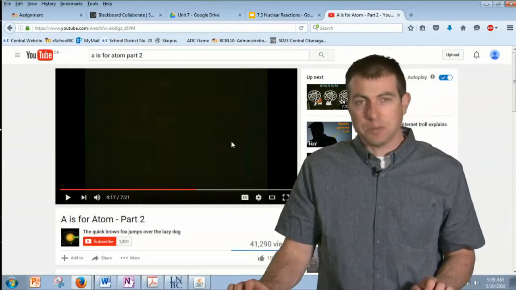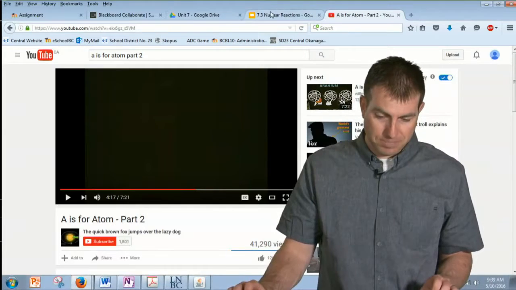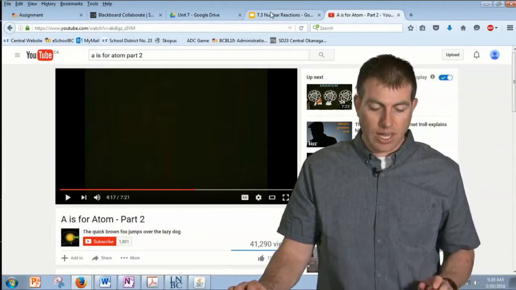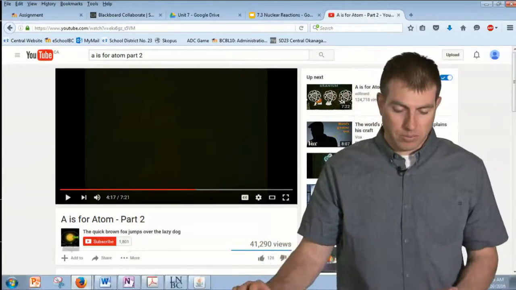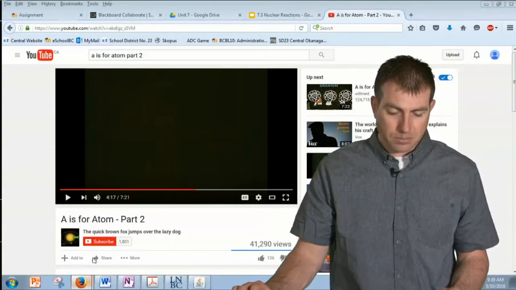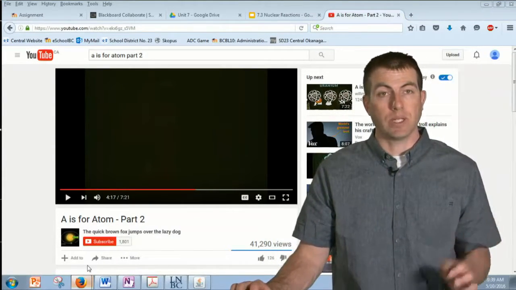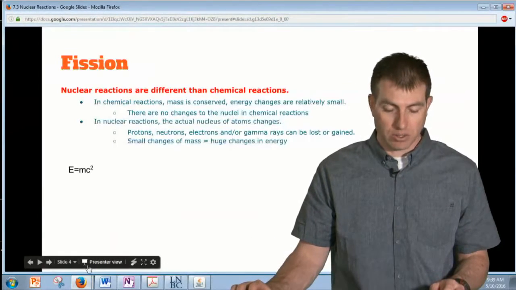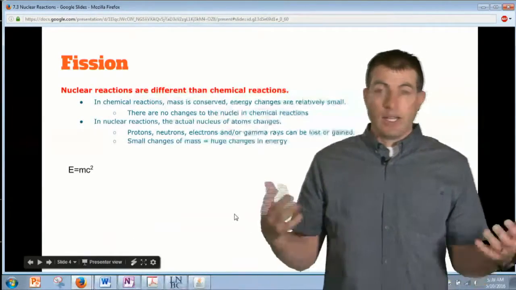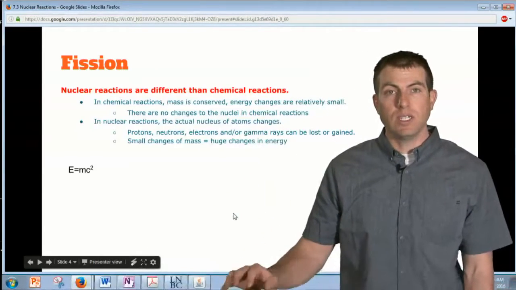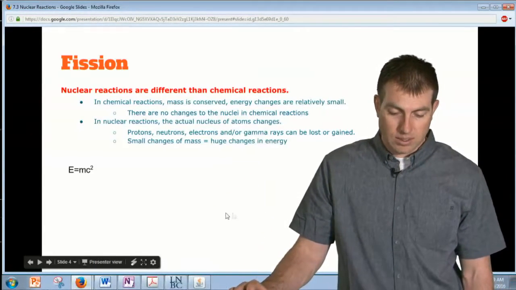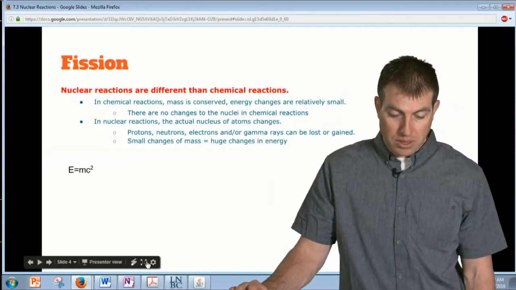Not in planes yet because of weight restrictions and things like that, but we do have nuclear-powered submarines that some governments have, and some big ships like aircraft carriers are nuclear-powered as well. They didn't know, and they thought, hey, maybe we could power whole cities with this stuff, and we do. And it's pretty cool to think that we can do that.